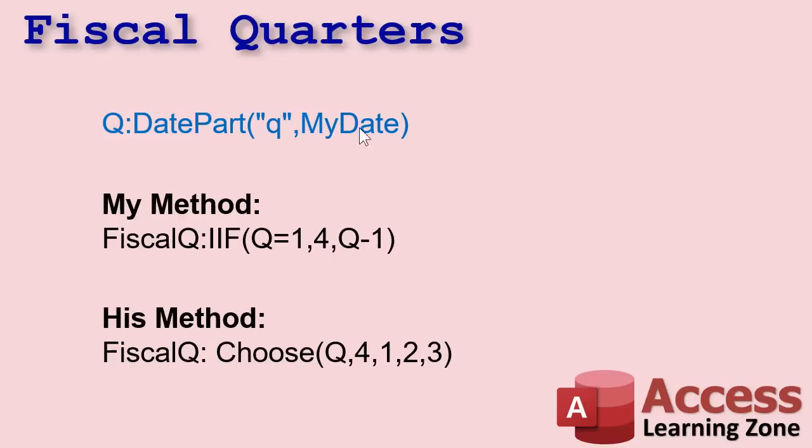We're both getting the quarter of the current date the same way, with the DatePart function. So Q is the quarter, and what choose does is it looks at this number and then picks from this list of options. So if Q happens to be 1, it gives you the first option. If Q is 2, it gives you the second option, and so on down the line.